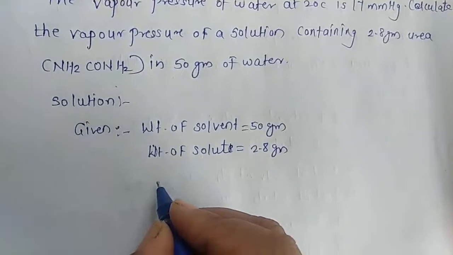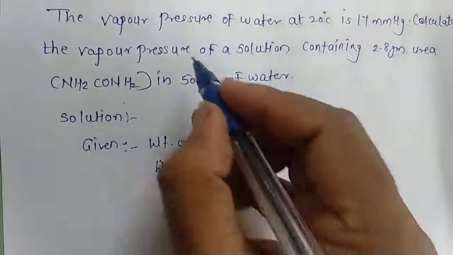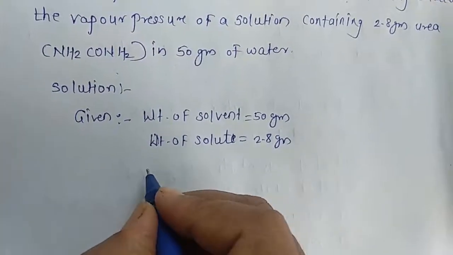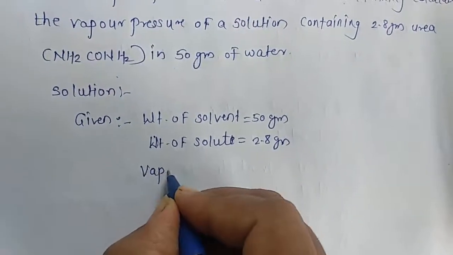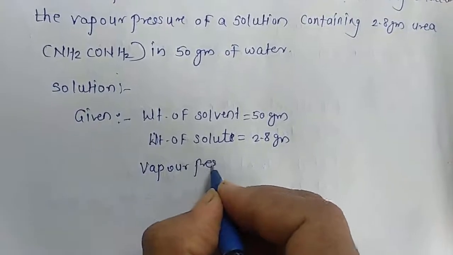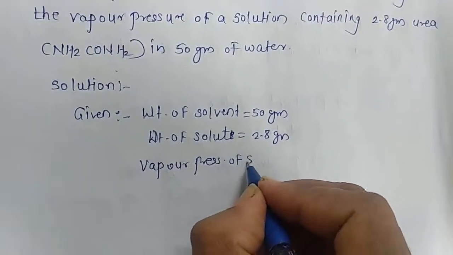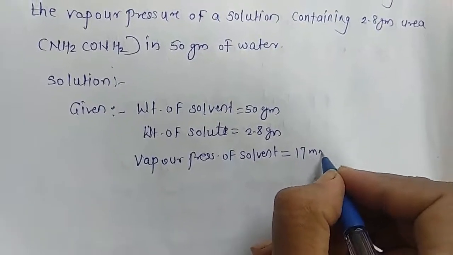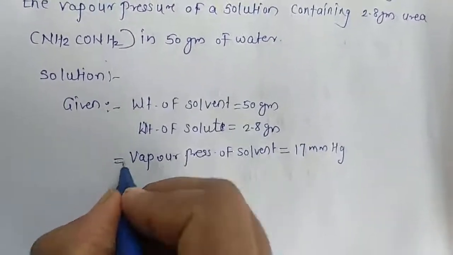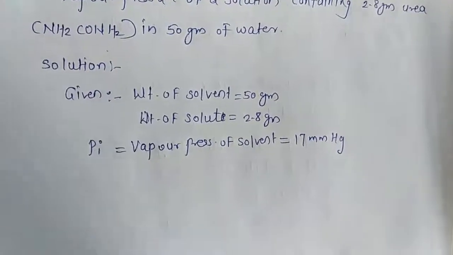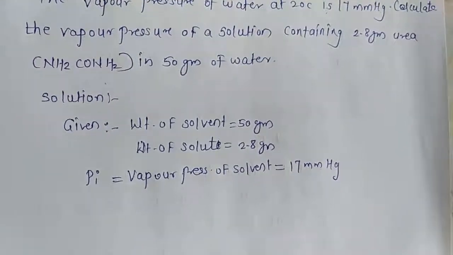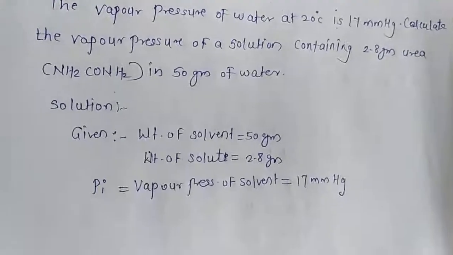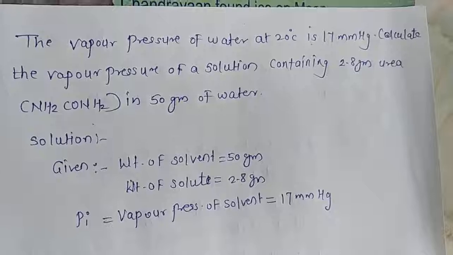Then the vapor pressure of water at 20 degrees Celsius, the vapor pressure of solvent, is equal to 17 mmHg, which is given by P10. The next thing is the molecular weight.